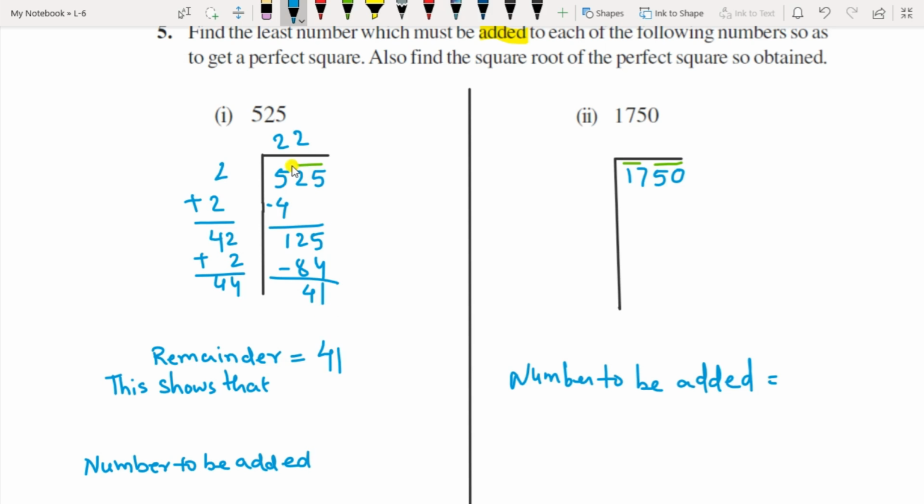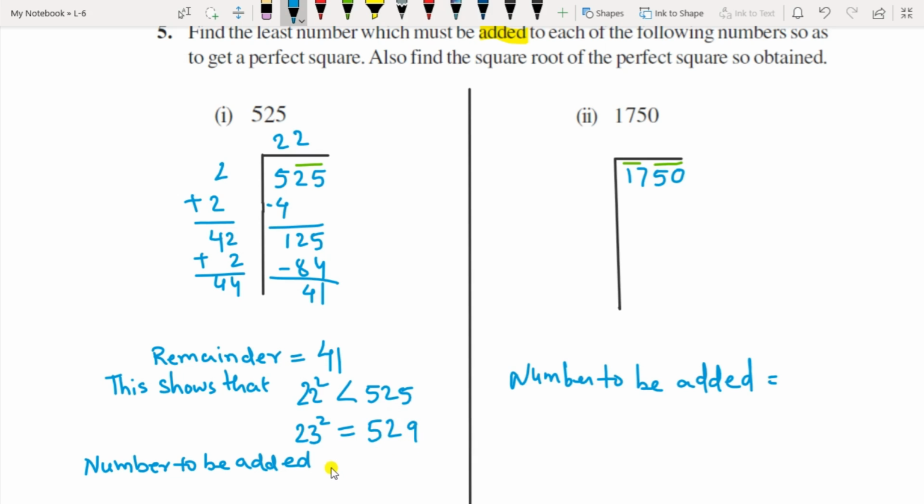This shows that 22 square is less than 525. Then write the next consecutive number, that is 23 square. 23 square is 529.